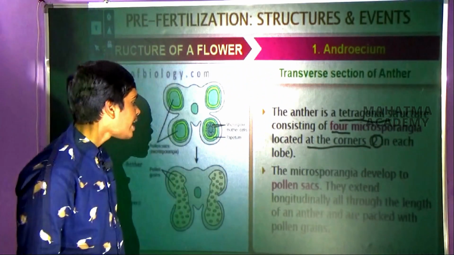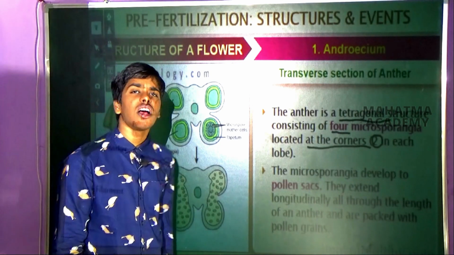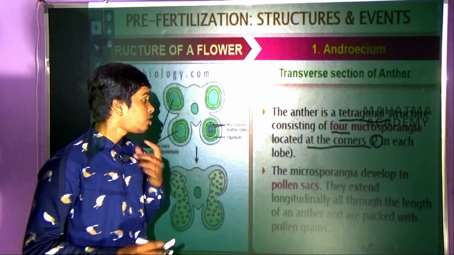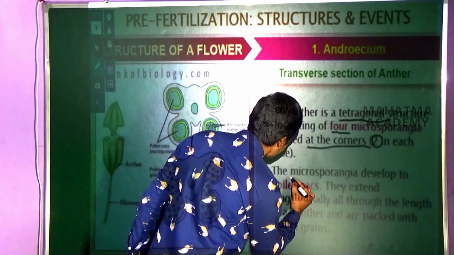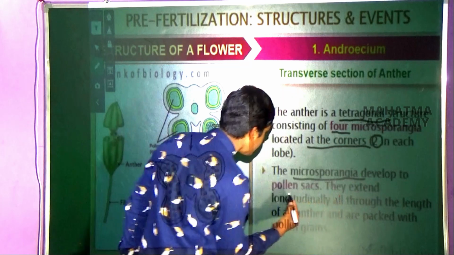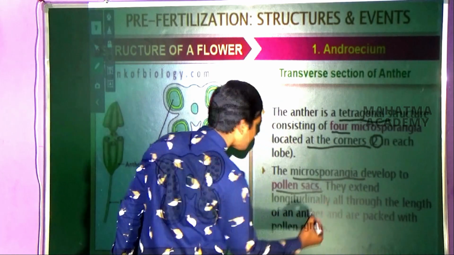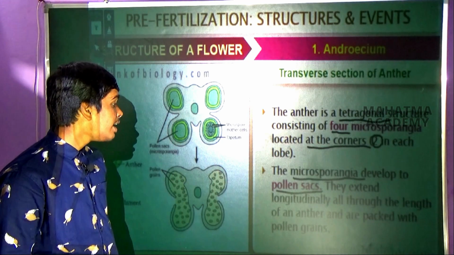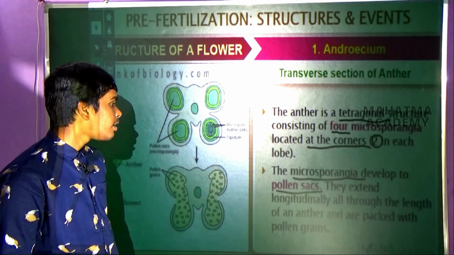Okay, the microsporangia develop into pollen grains. So, what is the mother cell of the pollen grains? It is the microsporangia. So, microsporangia develop into pollen sacs. They extend longitudinally all through the length of an anther and are packed with pollen grains.